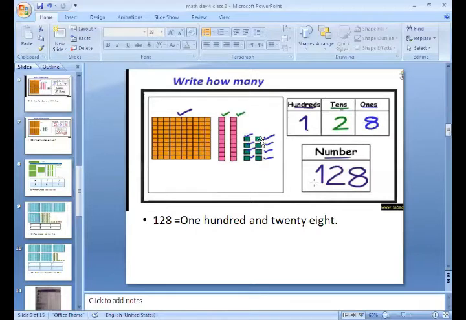Count it: 1, 2, 3, 4, 5, 6, 7, 8. So there are 8 small blocks. So you will write 8 at the ones place. So these blocks show the number 128. You can also write this number in words like this: 128.